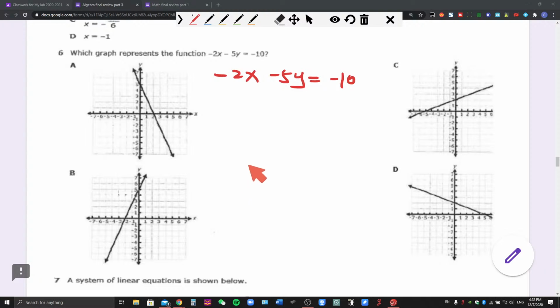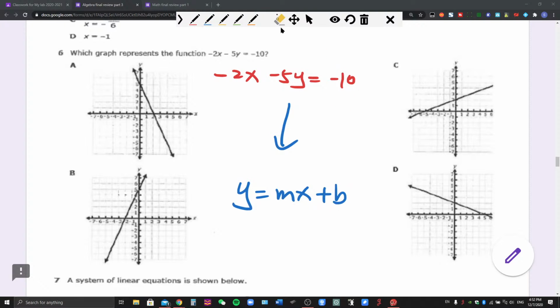The easiest way is to rewrite this into y equals mx plus b, because from the graphs we can tell their y-intercept, and then we can compare with that formula and make a quick decision.